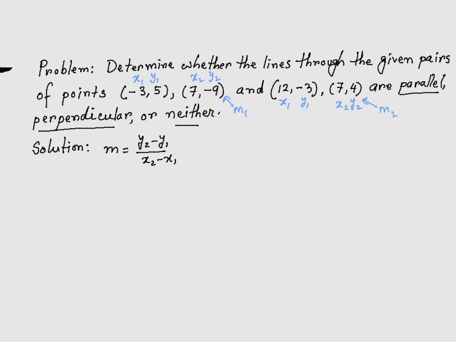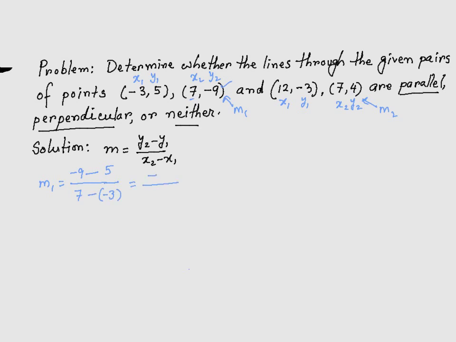So my m1 is going to be y2 minus y1. y2 is -9 minus y1, y1 is 5. x2 is 7 minus x1, which is -3, so we need to put it inside the parentheses. Now I'm going to simplify it.